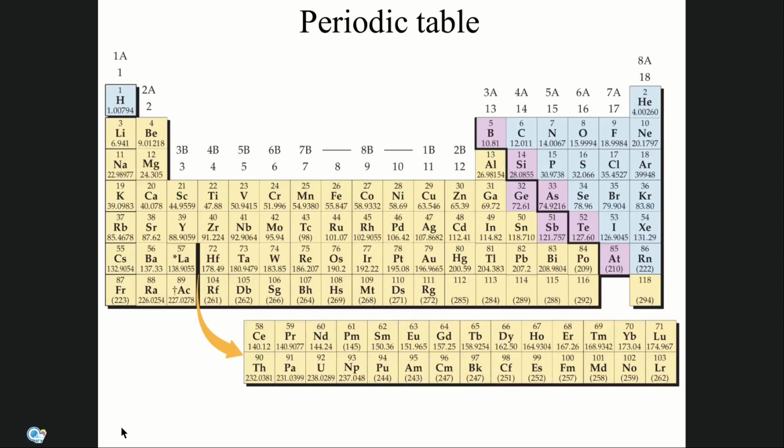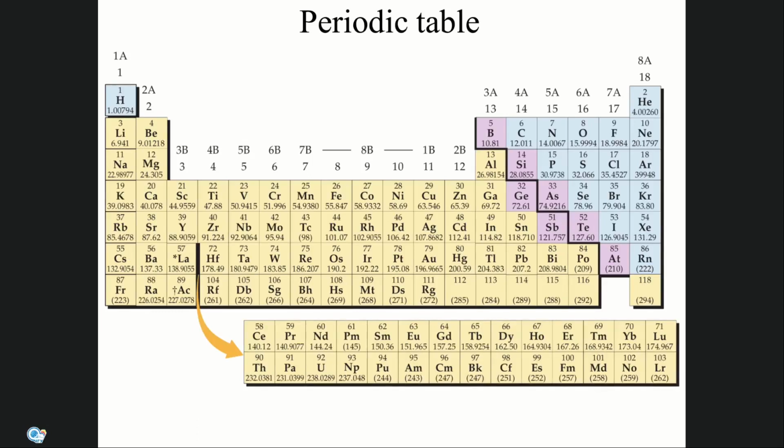For example, group 1A elements, lithium, sodium, potassium, rubidium, cesium, and francium, are called alkali metals. And the group 2A elements, beryllium, magnesium, calcium, strontium, barium, and radium, are called the alkaline earth metals.